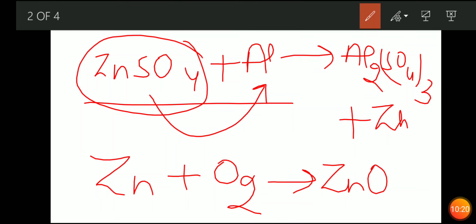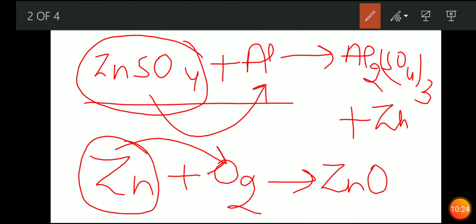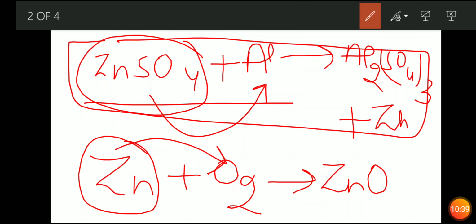But here you can see that this zinc is combining with oxygen specifically, so it is known as a combustion reaction. So a combustion reaction can be a combination reaction, but a combination reaction is not always a combustion reaction, as you can see over here. This is a combination reaction, but it cannot be a combustion reaction.